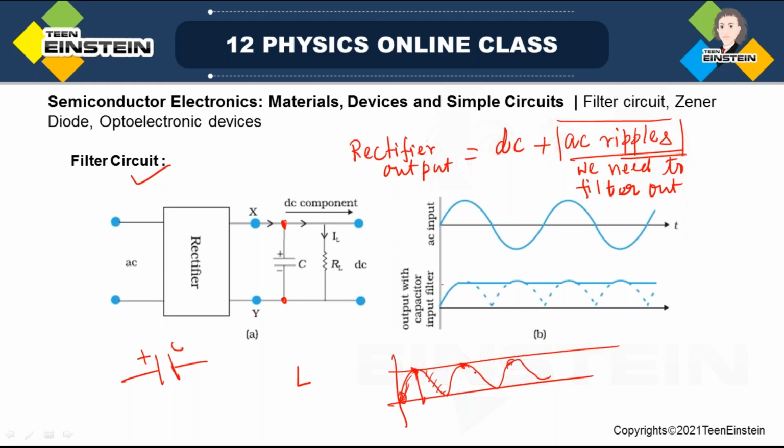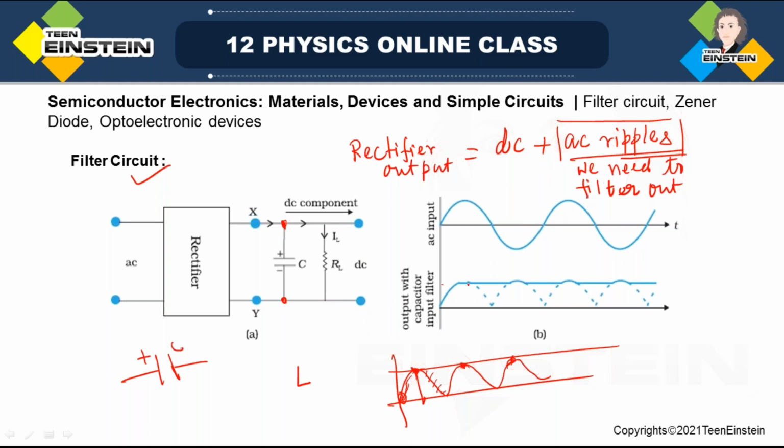When the rectifier output voltage decreases, then this capacitor is getting discharged, but the peak value in all cases is the same, because the capacitor is storing charge such that the voltage is the same as the peak value of the rectifier circuit output voltage.